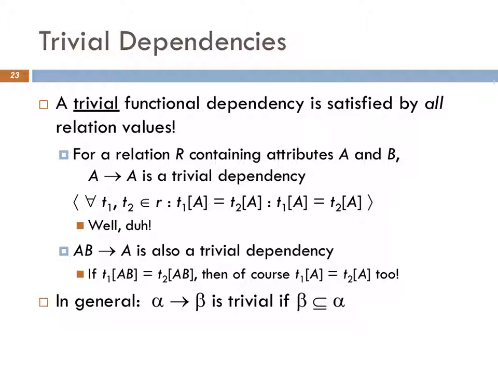So basically what we're saying is that this is a functional dependency that you can identify, but it doesn't add anything meaningful. Loan ID functionally determines amount. That's a non-trivial functional dependency. There are definitely relation values that don't satisfy that constraint. But if we have loan ID functionally determining loan ID, that's a trivial dependency.